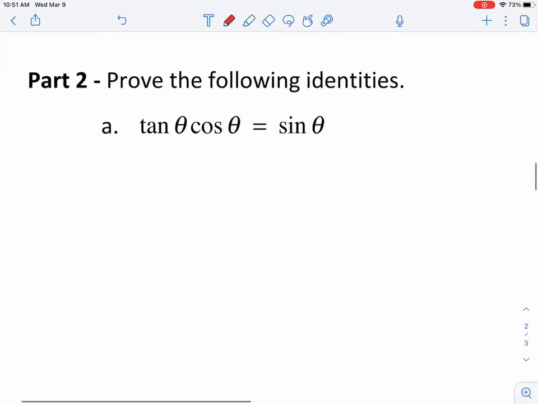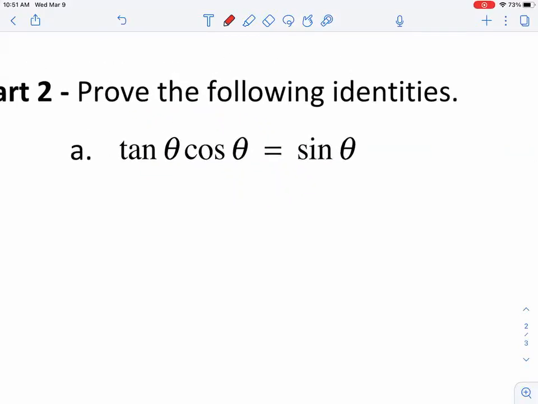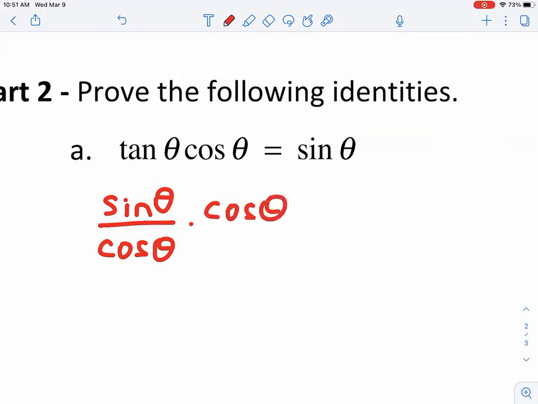So to do that, we're going to manipulate the left side of this equation and try and see if it equals sine of theta. So let's do like we were doing before, write everything in terms of sines and cosines. So I would write on the left side tangent as sine theta over cosine theta, times cosine theta. And we're trying to show that that equals the right-hand side, which is the sine of theta. I'm going to write RHS.